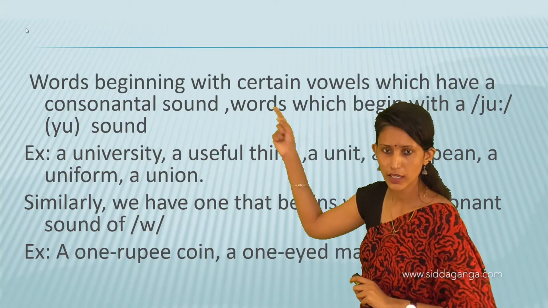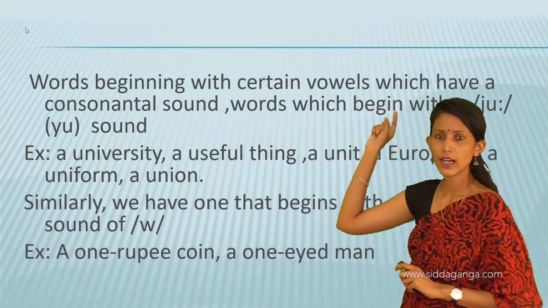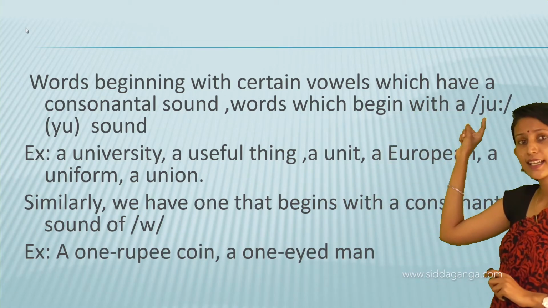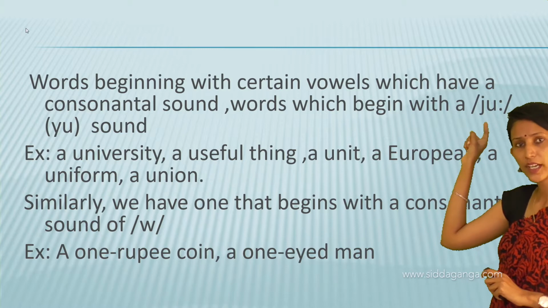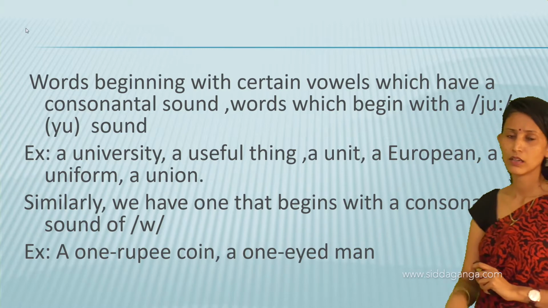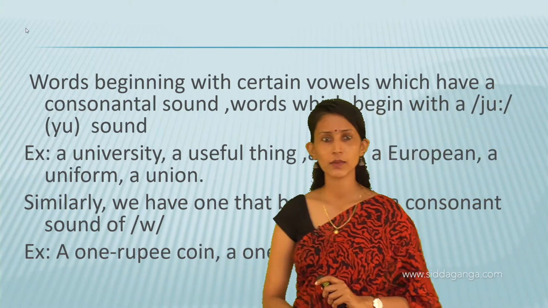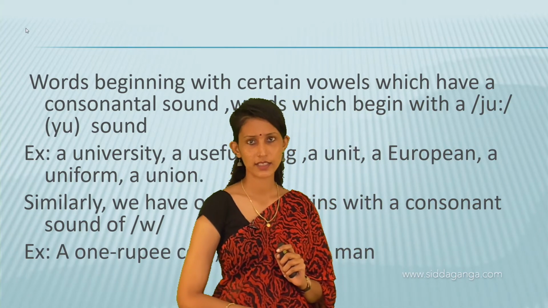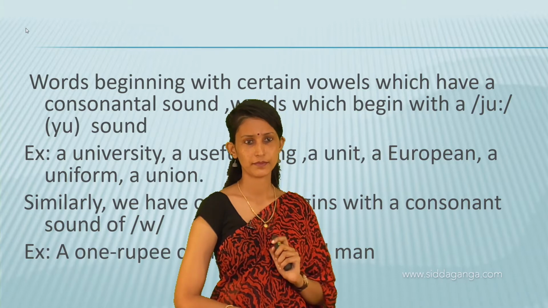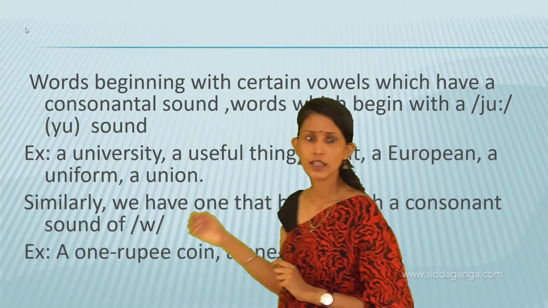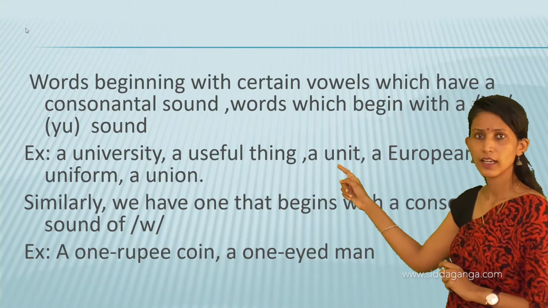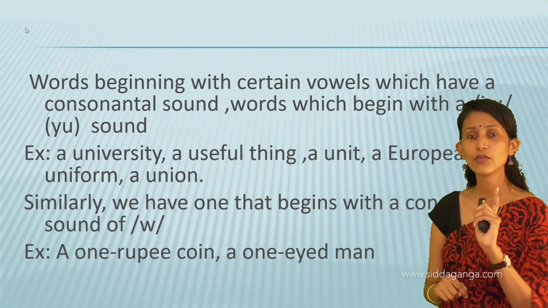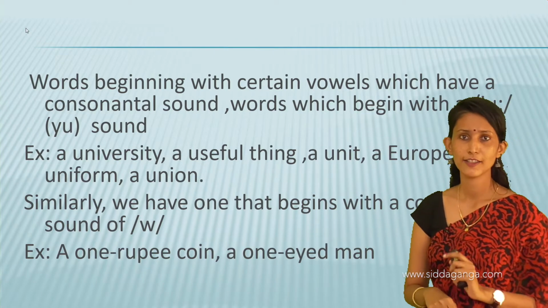What's written over here is ya and oo. Okay, it becomes you. Certain vowels but consonantal sound, ya. See the examples there: a university, a useful thing, a unit. The sound of ya comes there, not you.